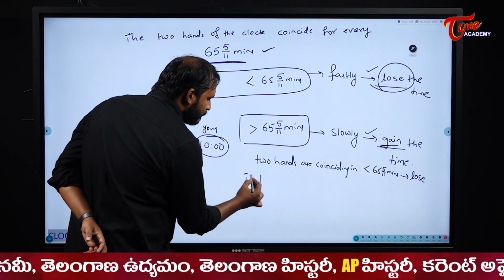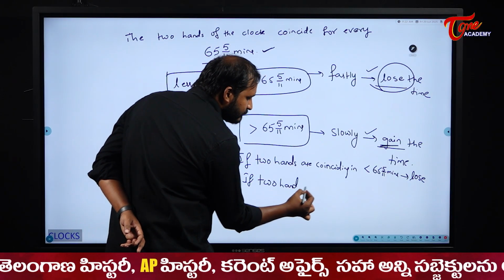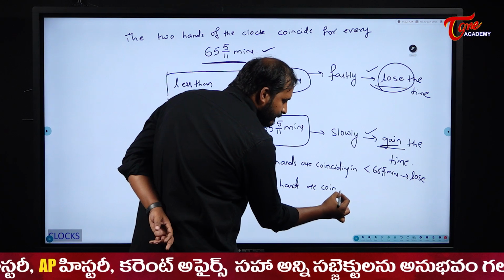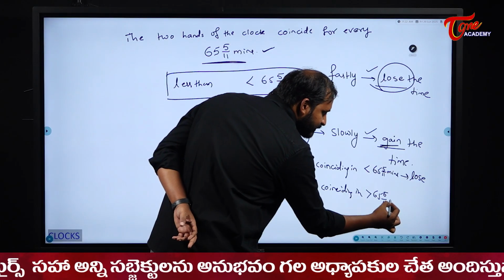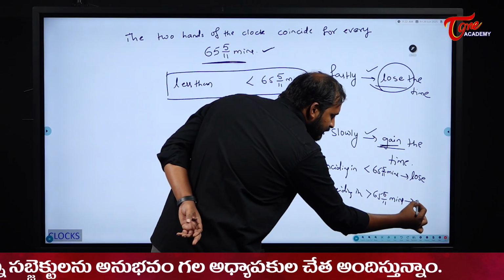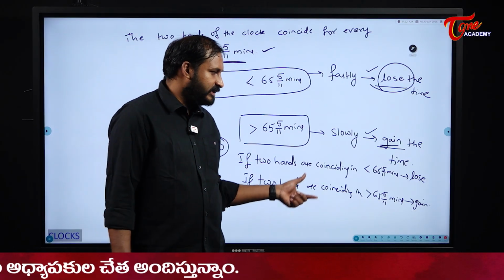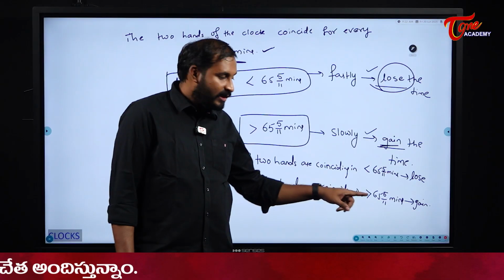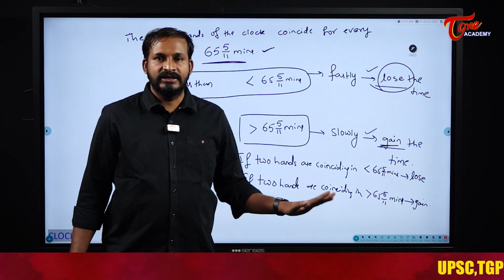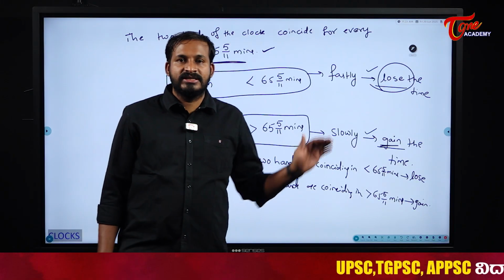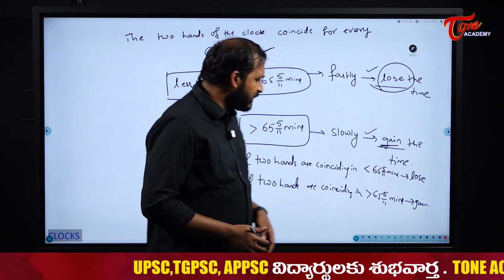Similarly, if the two hands coincide in greater than 65/11 minutes, you will gain the time. Understood, students? Please remember, fast moving will lose, slow moving will gain. Based on this concept only, we will have the fast moving clocks and the slow moving clocks. So we will see the questions based on this.